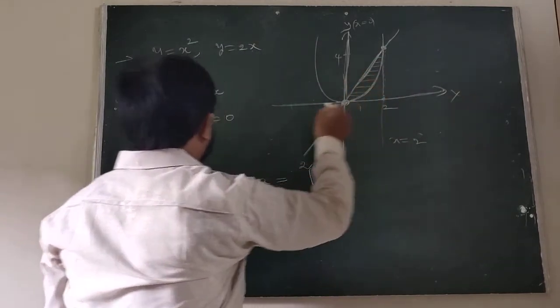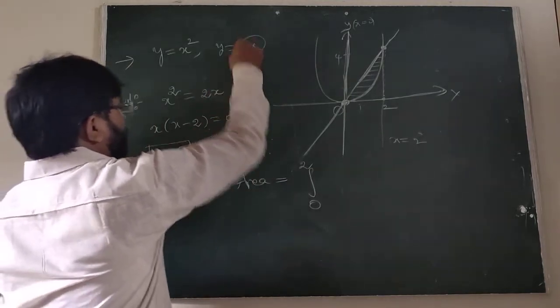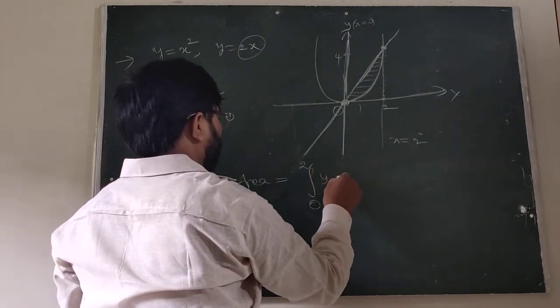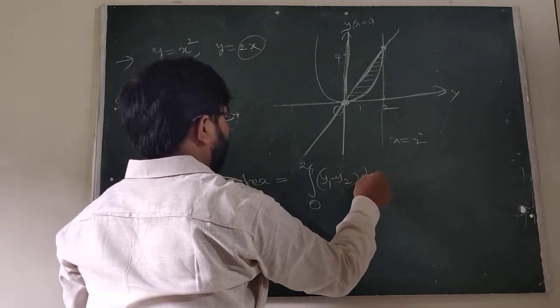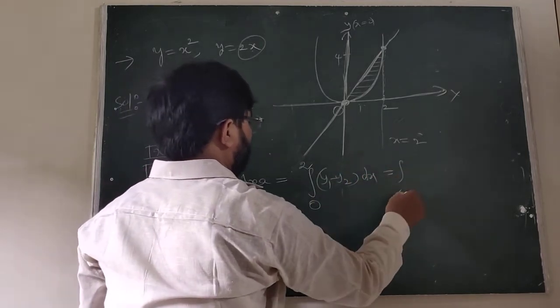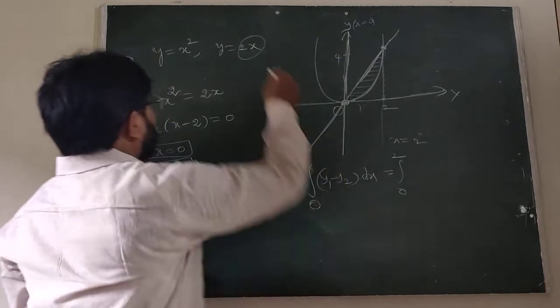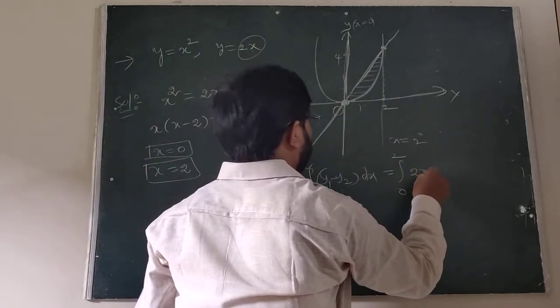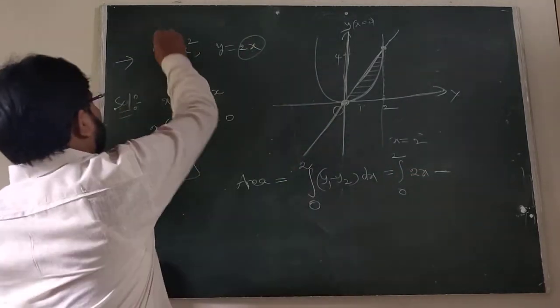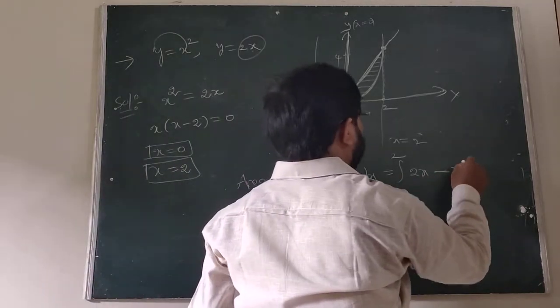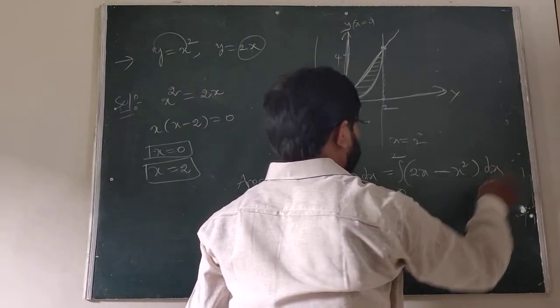We can write y equals 2x as y1 and the curve as y2, so area is integral of y1 minus y2 into dx. That is integral 0 to 2 of 2x minus x square dx.